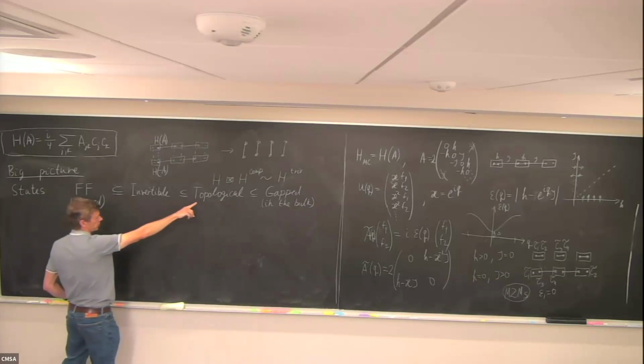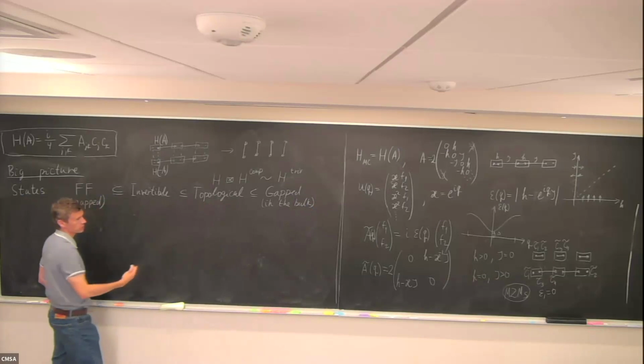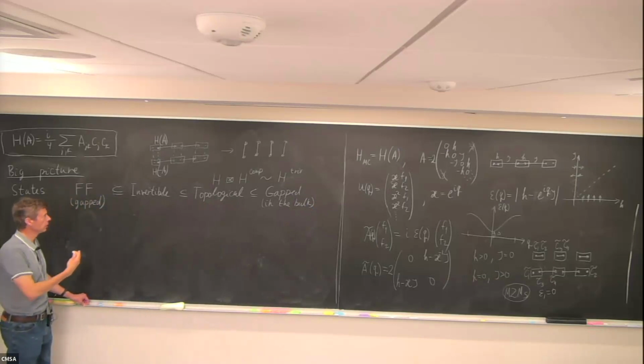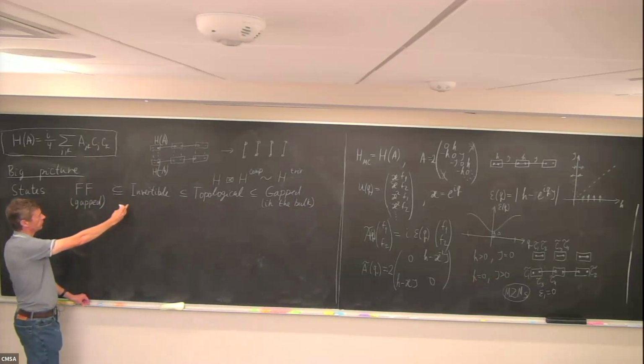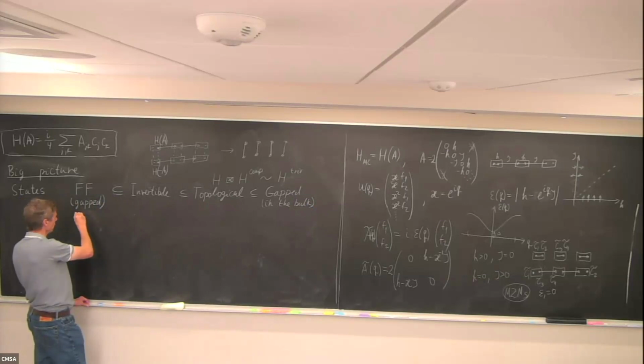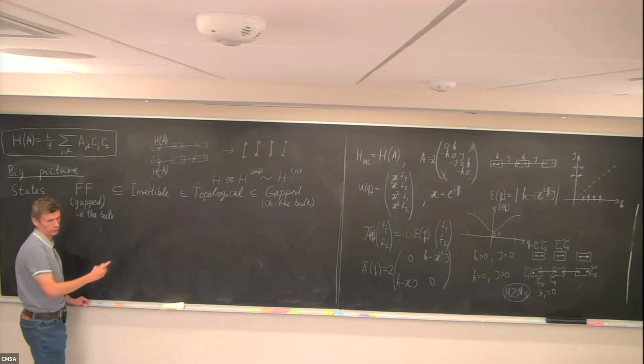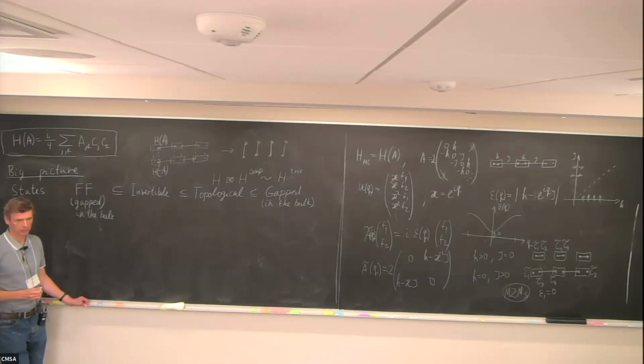I'll define topological states in terms of new features they provide. Invertible phases provide the following new feature. A system may be gapped in the bulk, but it may have ungappable boundaries, like the Majorana chain.